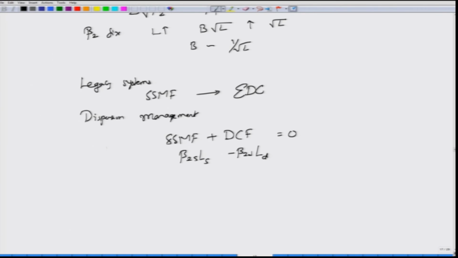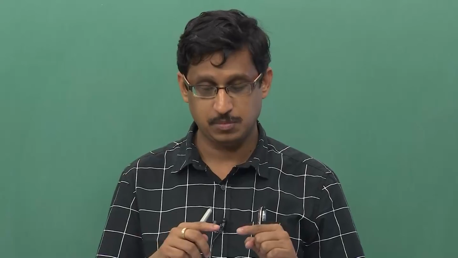Okay. The other way would be to actually let the single mode fiber be completely replaced by a dispersion shifted fiber, and then operate everything at the 0 dispersion wavelength. Okay. So, if you operate a transmission system at 0 dispersion wavelength, then the impact of dispersion can be minimized. Okay. These are some simple ways we have talked about.